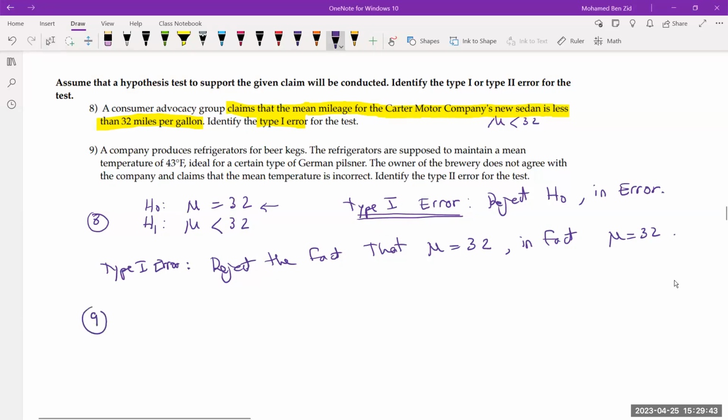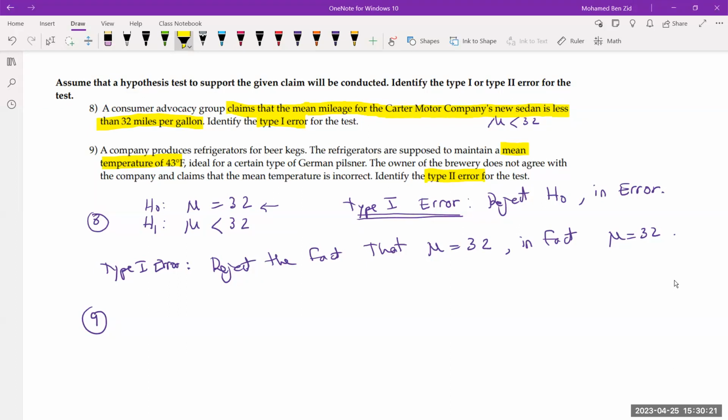All right, so number 9. Again, here we're going to define the H0 and H1 whenever we can, and we are looking for type 2 error. A company produces a refrigerator for beer kegs. The refrigerators are supposed to maintain a mean temperature of 43 Fahrenheit. So this sentence claims that the mean equals 43 Fahrenheit.